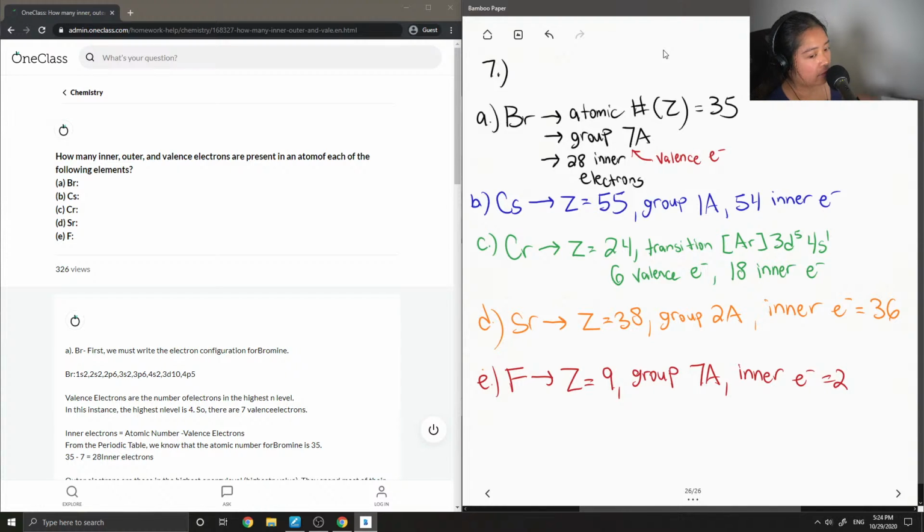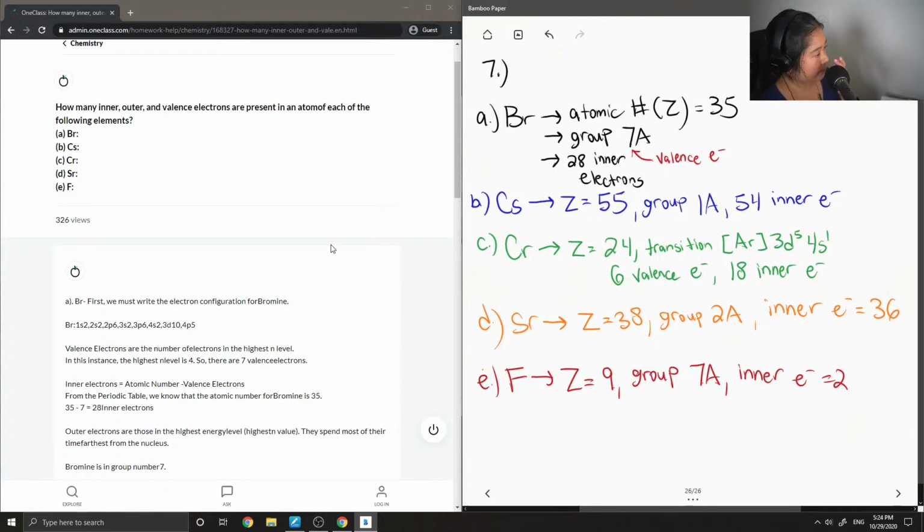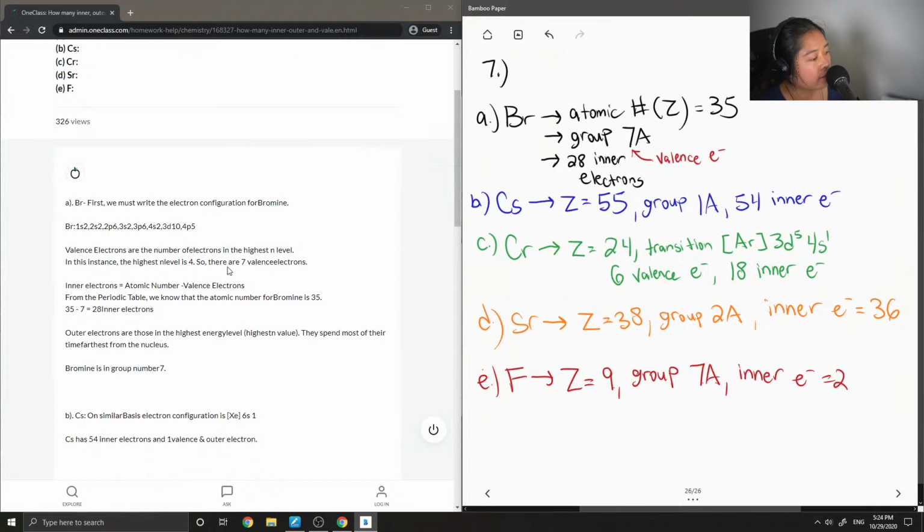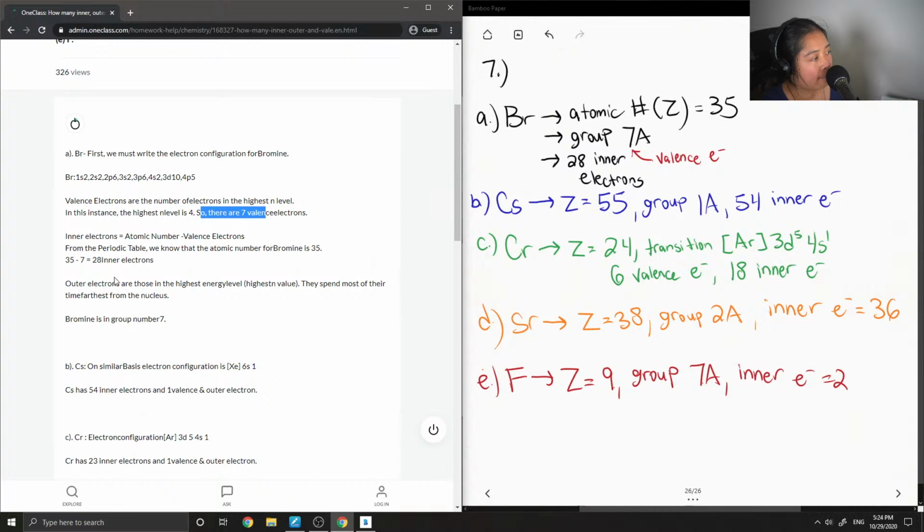Let's look at the answer from our junior tutor. First, we must write the electron configuration of bromine. They got 7 valence electrons. And they did atomic number minus valence and got 28.